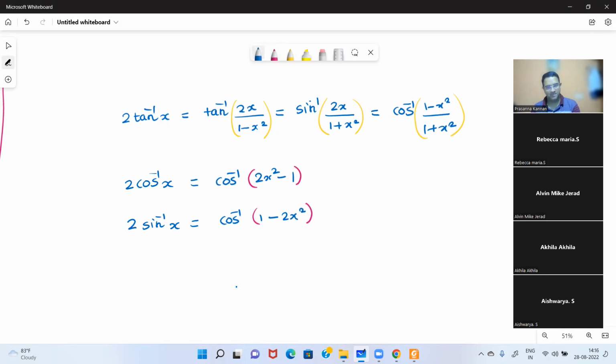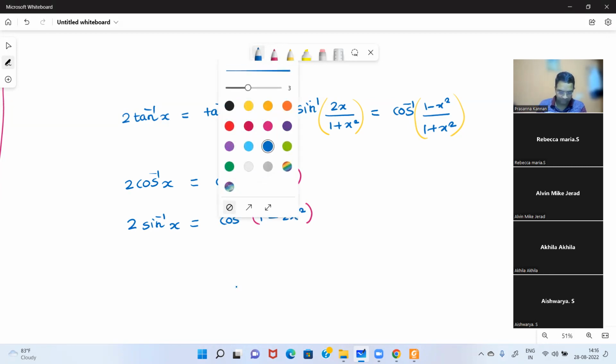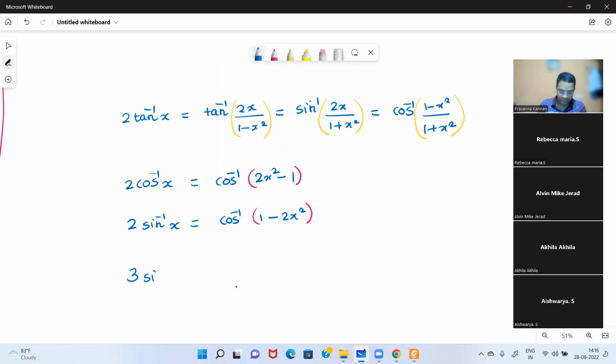Correct, no? Yes, sir. 3 sine inverse x is equal to sine inverse of 3x minus 4x cube. 3 cos inverse x is equal to cos inverse of 4x cube minus 3x.